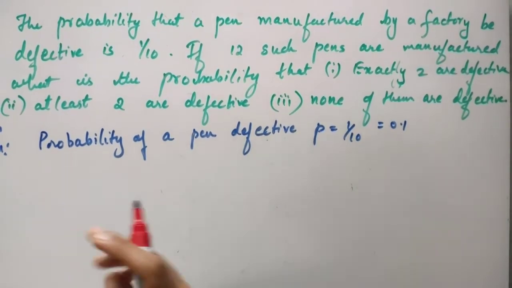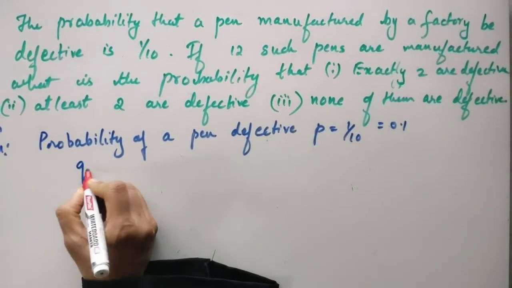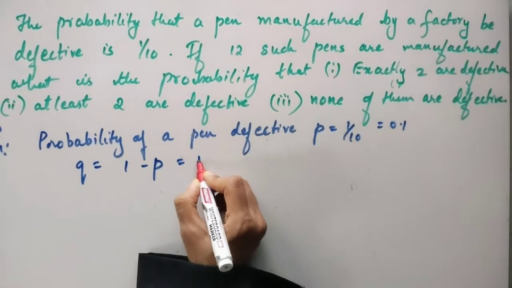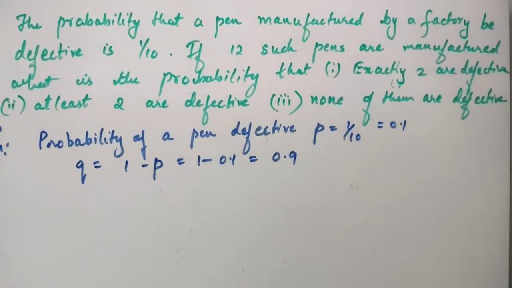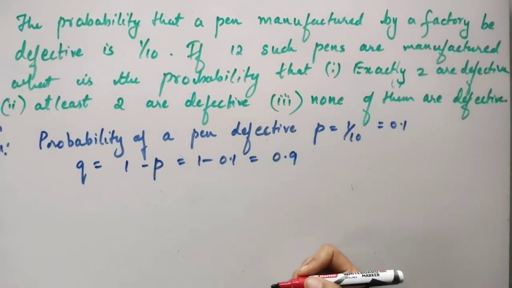The probability of a pen not being defective, Q, will be 1 minus P, which is 1 minus 0.1, which is 0.9.